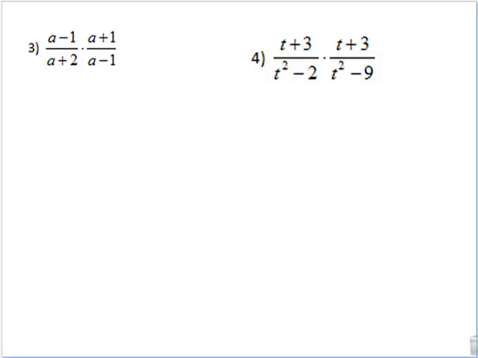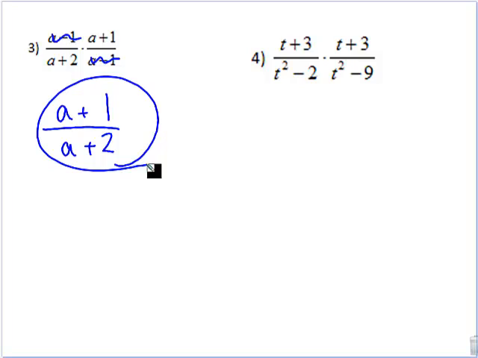The a minus 1s are the same, so we can cancel the a minus 1s with one another. And then what are we left with? Is it 1/2? A plus 1 over a plus 2. No, this is not 1/2. We can't cancel the a's. We can only cancel things that are attached with multiplication. A plus 1 and a plus 2 are both attached with addition. Is that one okay? Yeah.